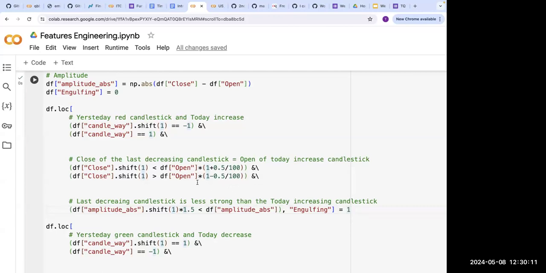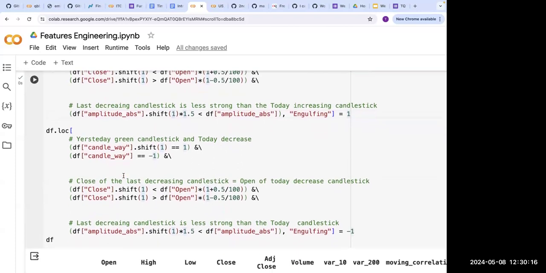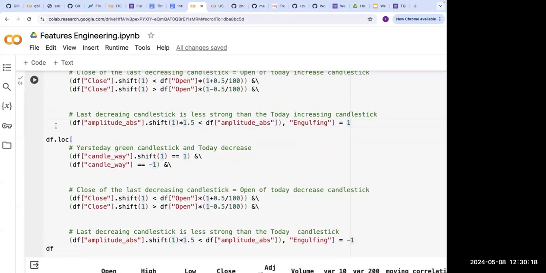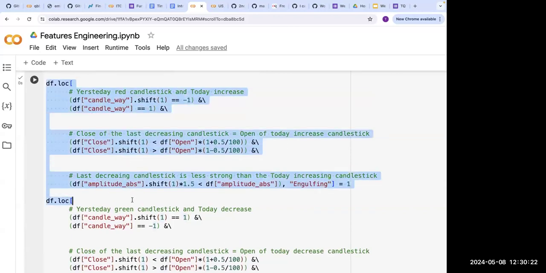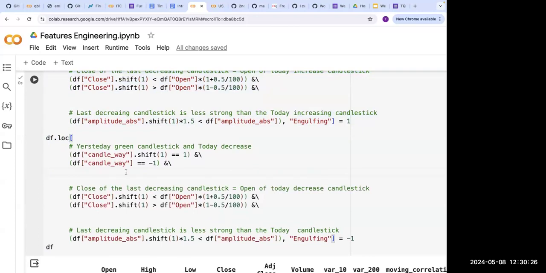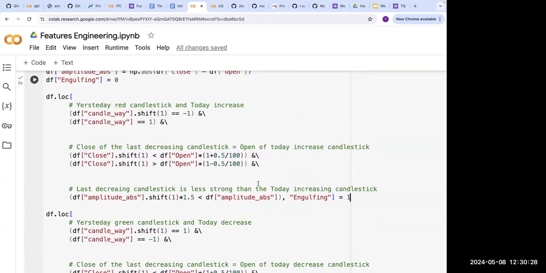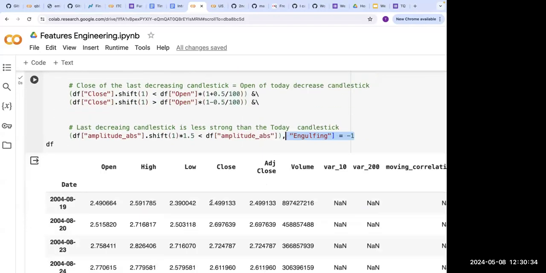You can read more in the code by yourself. I have added comments, so that would help you find the indices where the engulfing is happening. The first one is bullish engulfing, right? I'm assigning +1 here. And the second one is -1, so that's the bearish one.